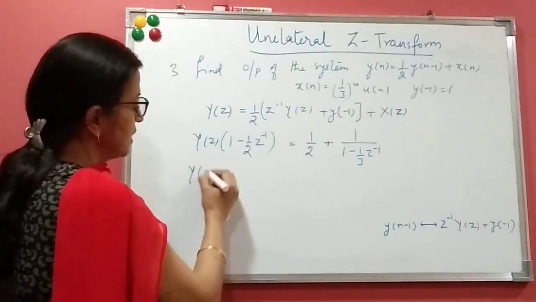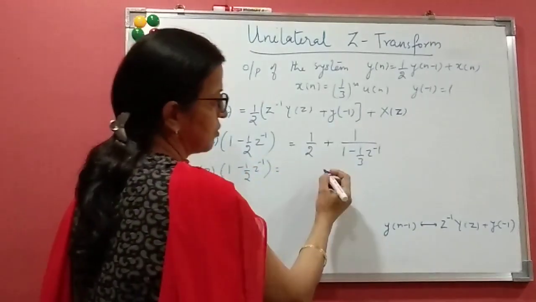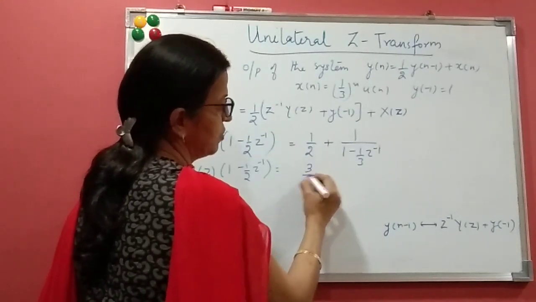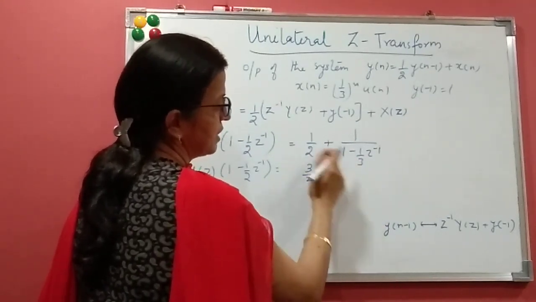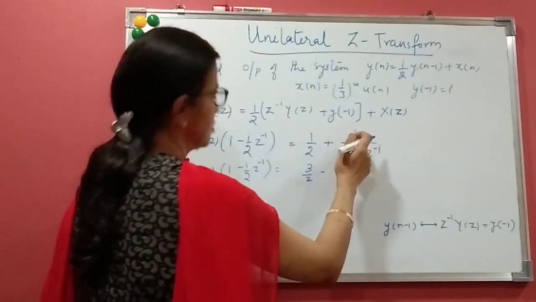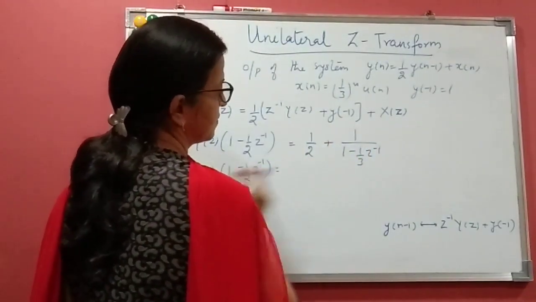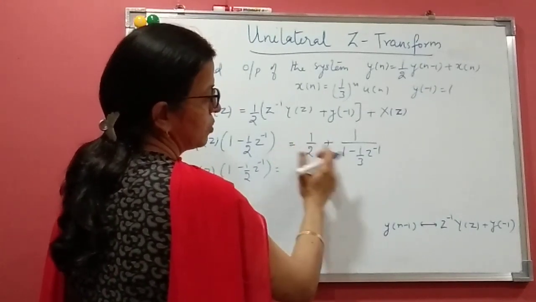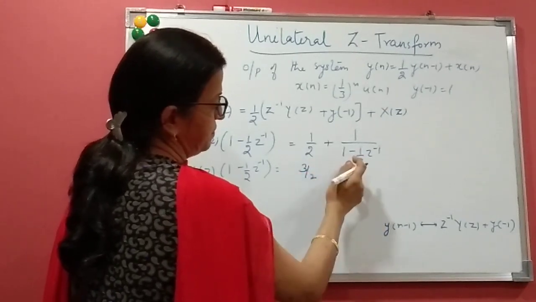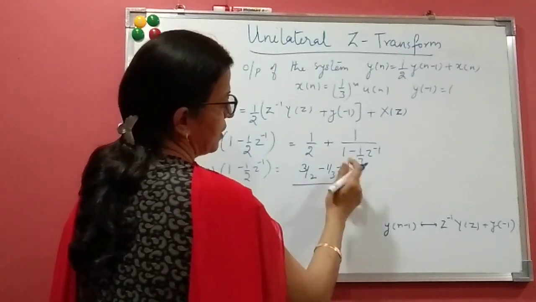So Y of z times 1 minus half z inverse equals, if I solve this, I am going to get half plus 1, which is 3 by 2, minus 1 by 3 z inverse, upon 1 by 2.